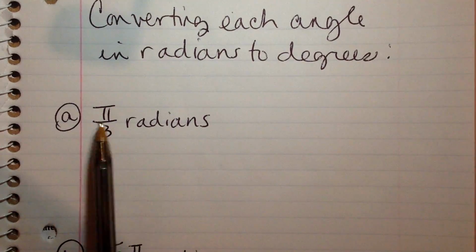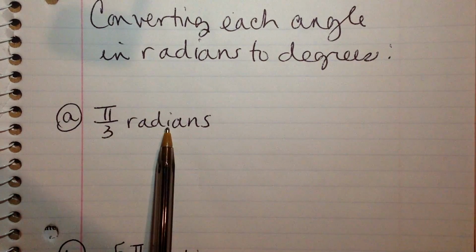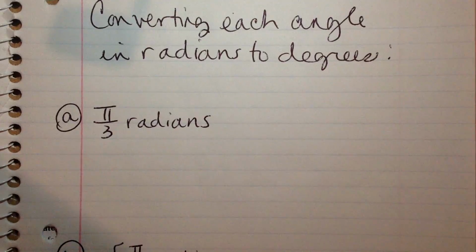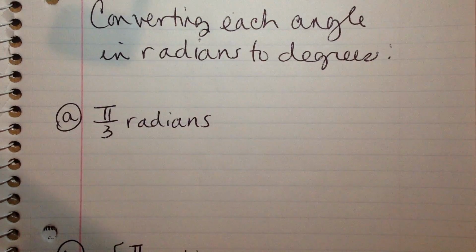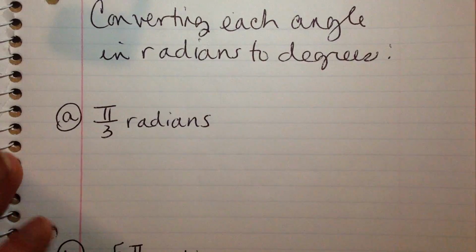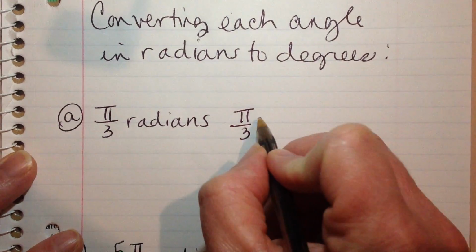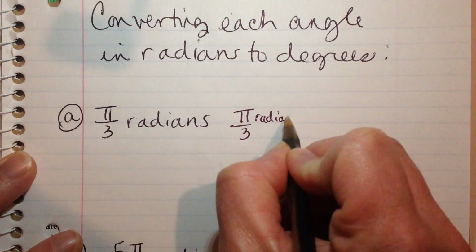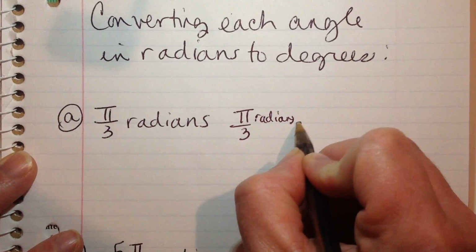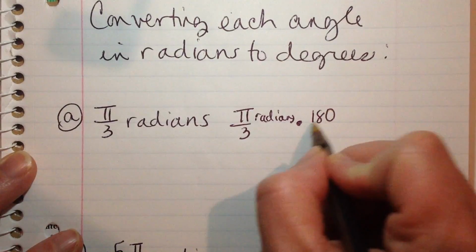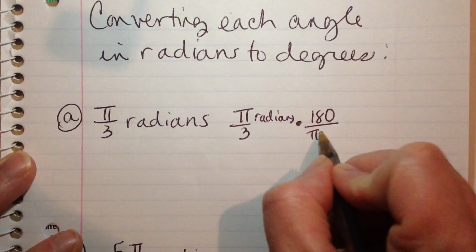So here we have pi over 3 radians. Going back to our rules, to convert from radians to degrees, you will multiply by 180 divided by pi radians. So we're going to take pi over 3 radians, and multiply times 180 over pi radians.